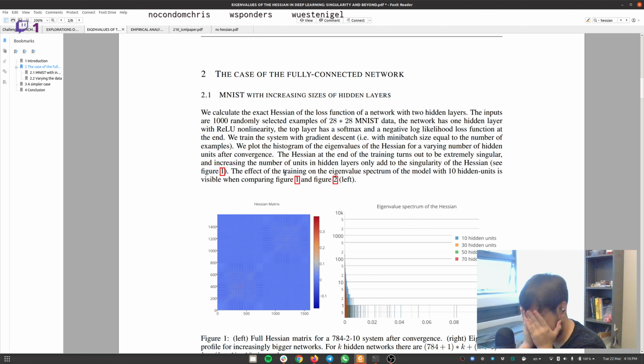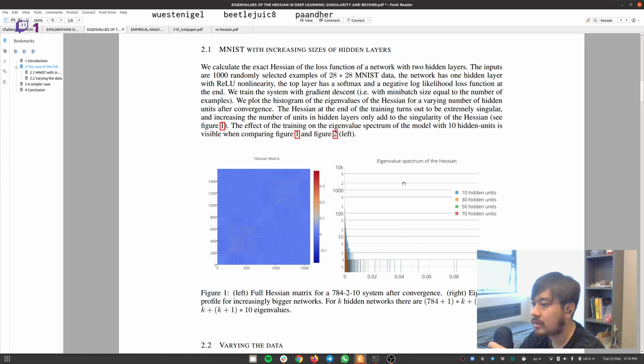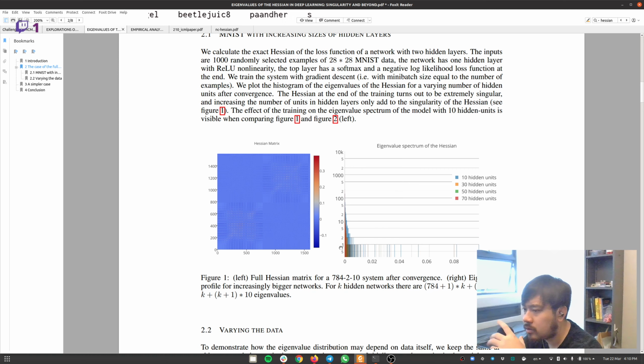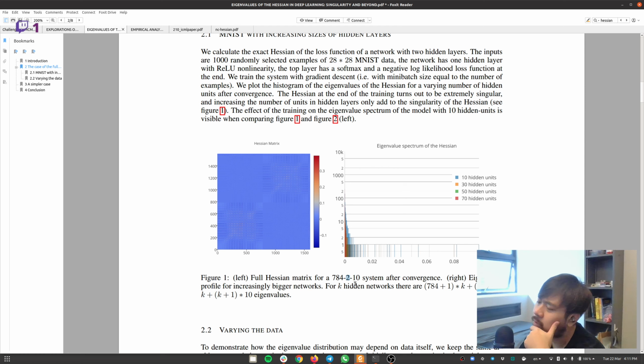That's interesting. The effect of training on the eigenvalue spectrum of the model with 10 hidden units is visible when comparing figure 1 and 2 left. Left: full Hessian matrix for a 784-10 system after convergence. Oh, I see. I'm still a bit confused, but what do they mean here by the Hessian?